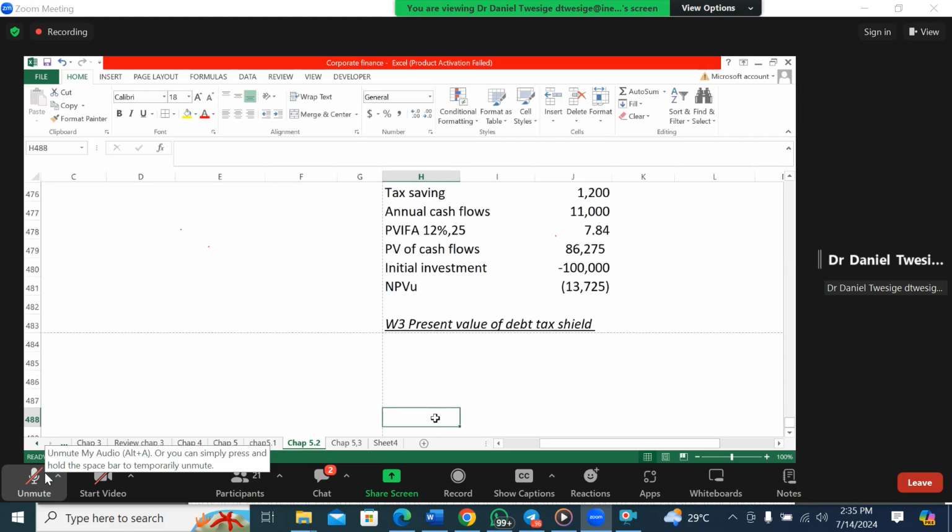Now, we have 2 loans that we need to look at. We have a subsidized loan and we have a market loan.